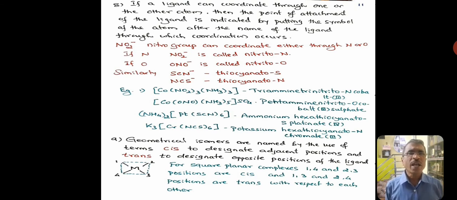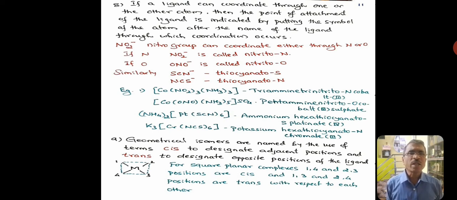Co(NO2)3(NH3)3. How should this be named? It is named triammine, because of the three NH3, trinitrito, the 3 NO2 groups are there. Hence it is triammine trinitrito N cobalt 3.